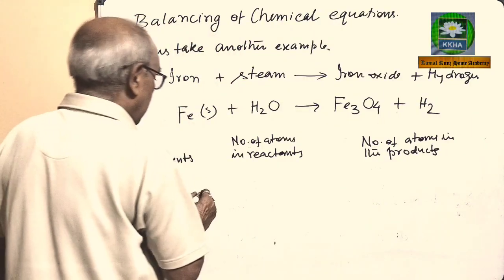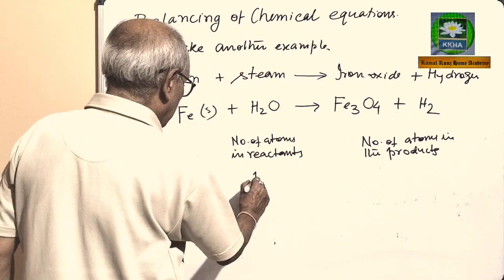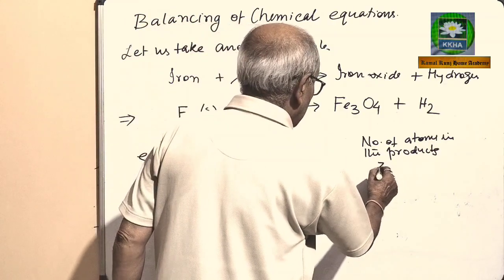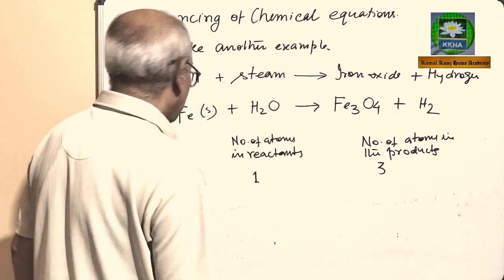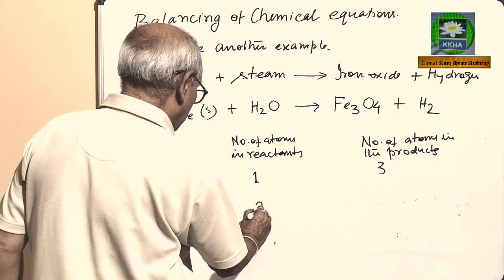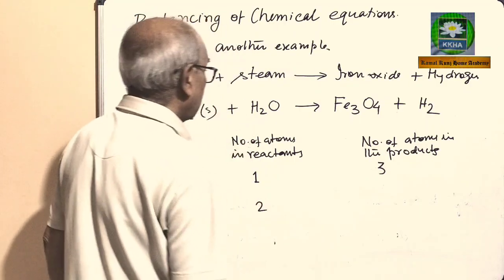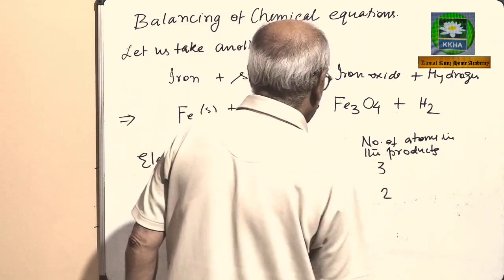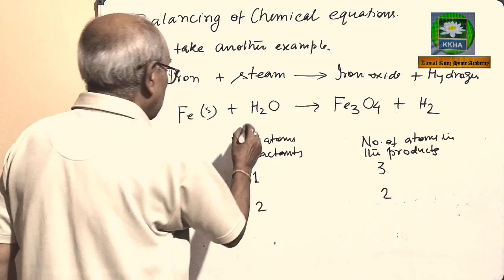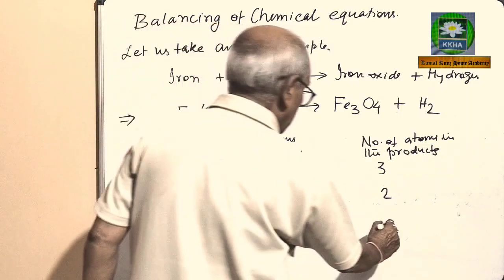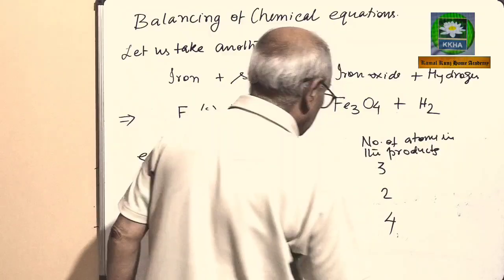Here iron is 1 in the reactant, in the product it is 3. Hydrogen in the reactant is 2, here hydrogen is also 2. Oxygen is 1 in the reactant and in the product it is 4.